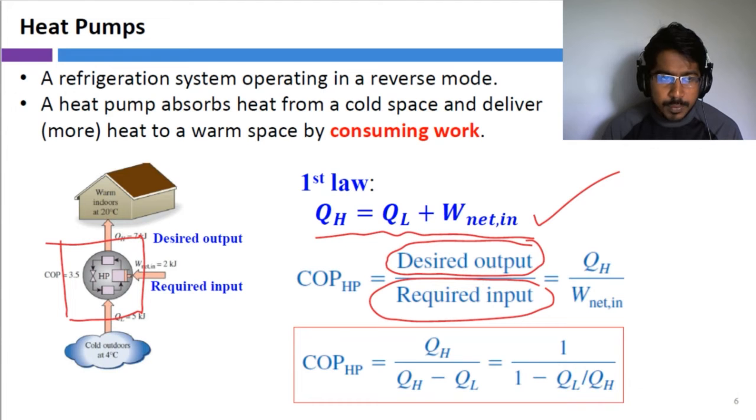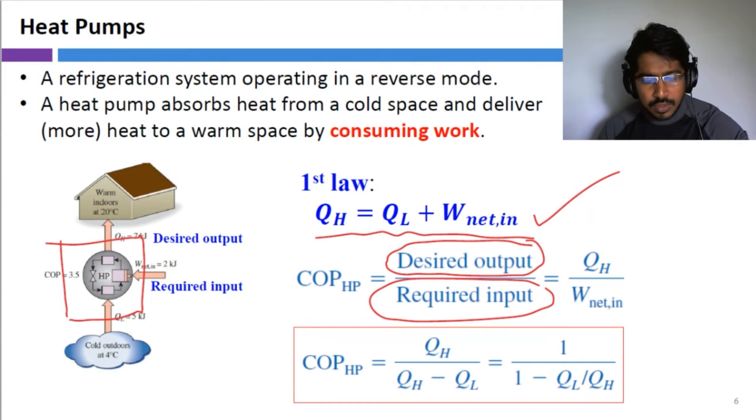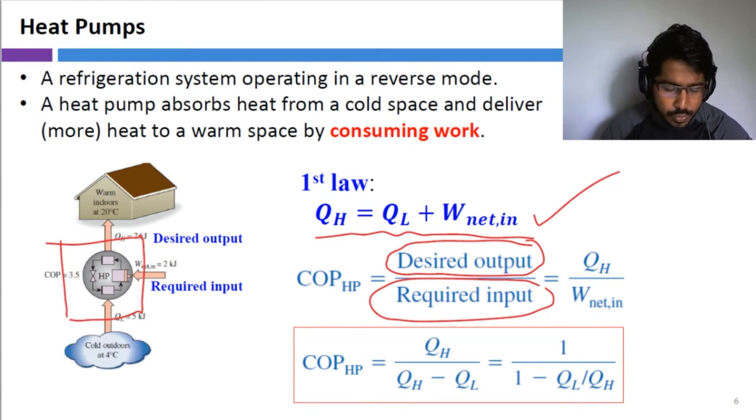So desired output is what? In this case, what is the desired output? Is it QH or QL? Any idea? Desired output is QH, right? Excellent. Because in this case, we are not trying to cool the surrounding. In a winter day, anyway, it would be cruel, right? We are not trying to cool the surrounding so that somebody out there in the road is going to feel more heat. No, it's not our goal.